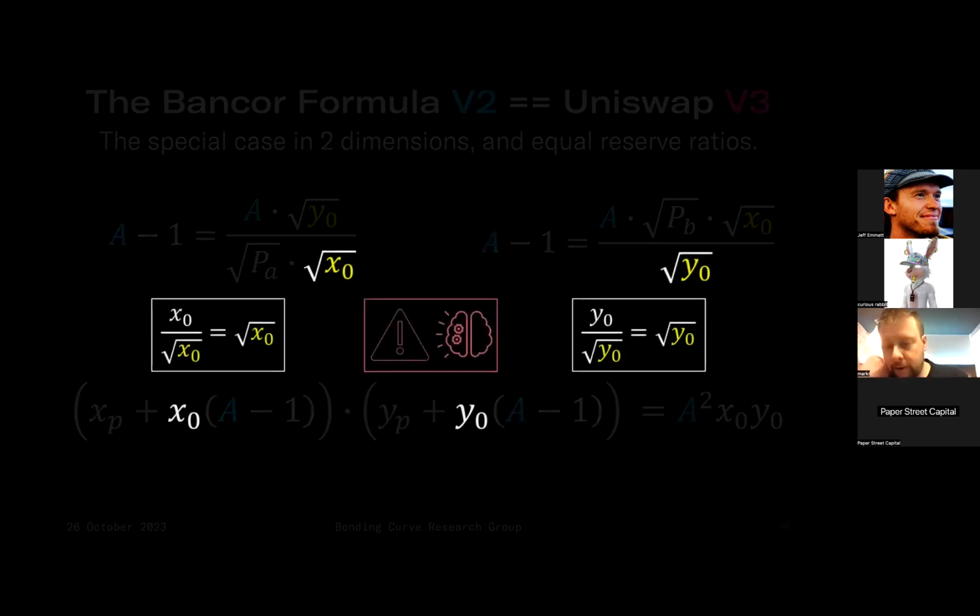And the thing to look at here, just a word of advice, if you're going to be exploring some of these concepts on your own, don't be afraid of things coming out in square roots. When you have an opportunity to divide some number by its own square root, remember that you are always going to get the square root of that number back. 2 divided by the square root of 2 is always the square root of 2.